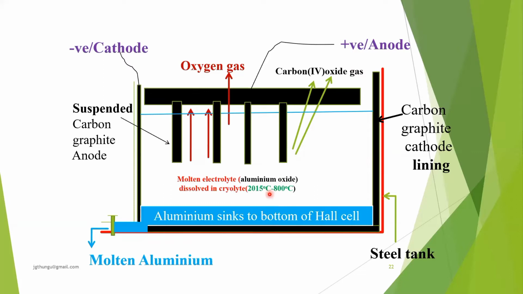So, at this temperature of around 800 centigrade, the oxygen that is being discharged around the anode reacts with what? The carbon which is making the anode. That's why inaonyesha hapa kuna CO2 gas inakuwa liberated.